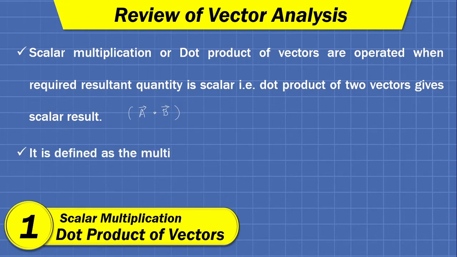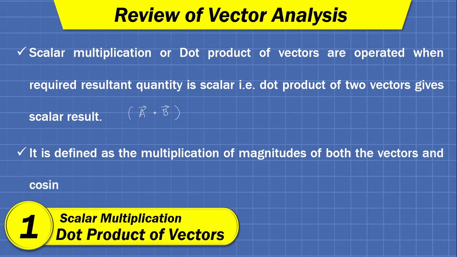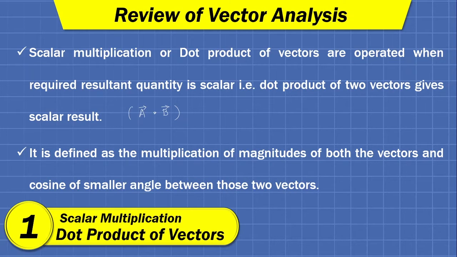Now it is defined as the multiplication of magnitudes of both the vectors and the cosine of the smaller angle between those two vectors. So how is a bar dot b bar defined?